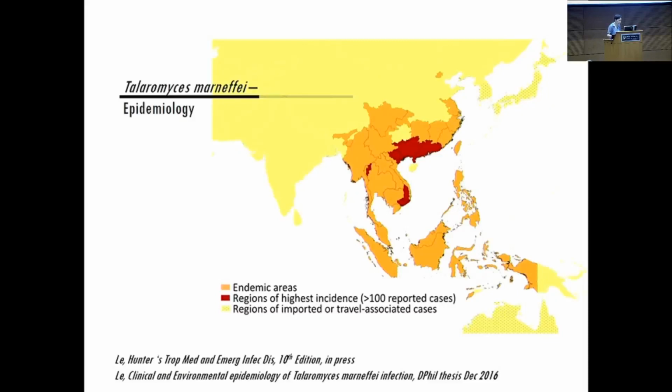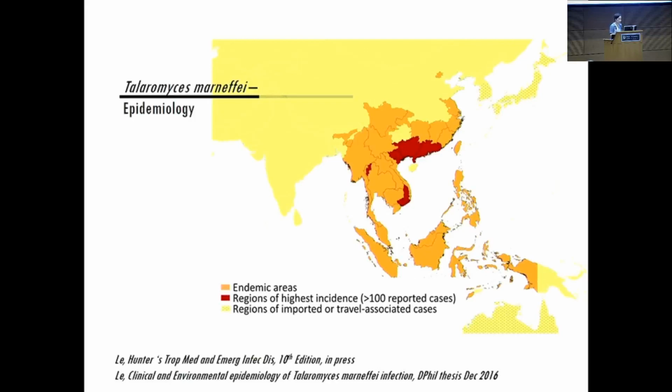But interestingly, I didn't come to Vietnam to study talaromycosis. Actually, it was to study HIV drug resistance. I just came to see many patients with these conditions and began to develop an interest and started the basic description, the epidemiological description of the disease, and one thing led to another, and I became completely, deeply committed to studying this disease.